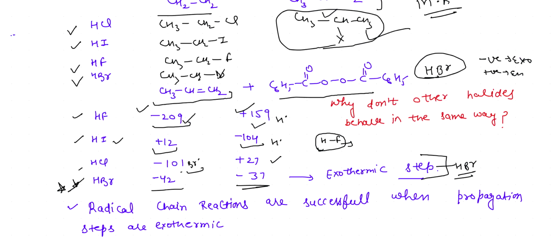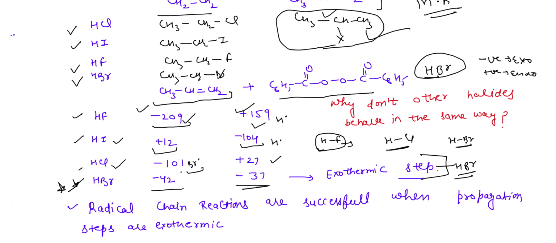Now look at HCl. Again the bond in HCl is very strong. The bond in HBr is not too strong, not very weak, so it can be easily broken. So the energy released is 42.